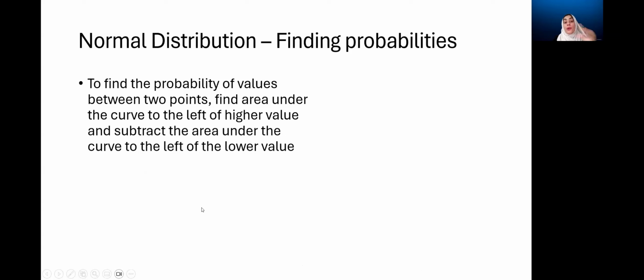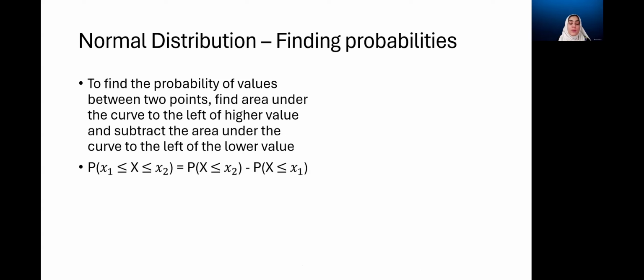Now to the third case, when the probability is to be found for values occurring between two endpoints, or an interval of range. Interval with 2 endpoints specified.